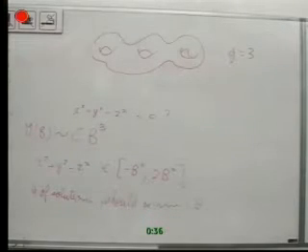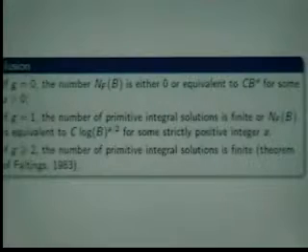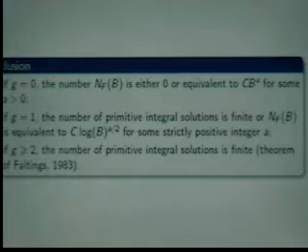More precisely, for curves, the result may be stated as follows. If the genus is 0, well, this means that over the algebraic closure, so over C, let's say, the curve is birational to P1. Then the number is either 0 or some constant multiplied by B. So N_F(B) is the number of primitive solutions of the equation with coordinates which are less than B. Sorry, I skipped that on the previous slide.